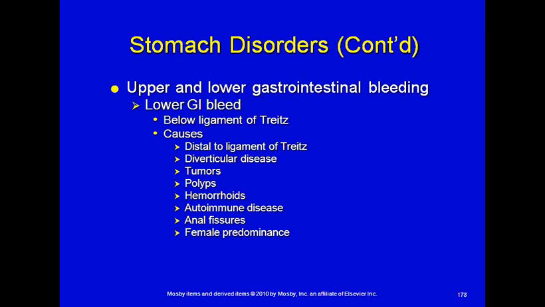Causes are diverticulosis, tumors, polyps, hemorrhoids, autoimmune diseases like Crohn's and ulcerative colitis, anal fissures, and these lower GI bleeds from these causes are predominantly in females.